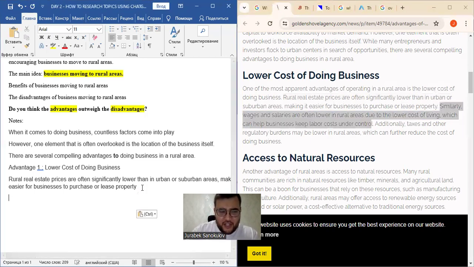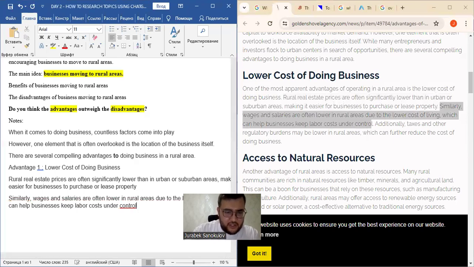So you see, there are lots of useful chunks of language. It's going to be very easy to write an essay using these ideas and language. And additionally, taxes and other regulatory burdens may be lower in rural areas, which can further reduce the cost of doing business.